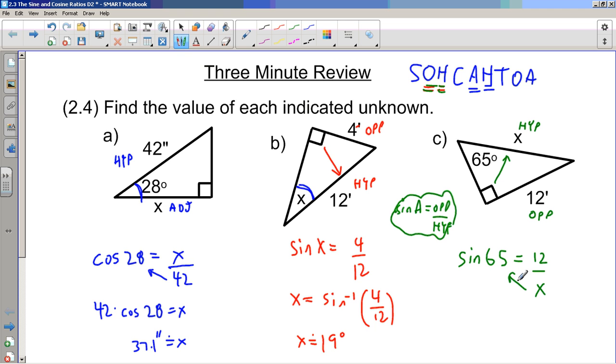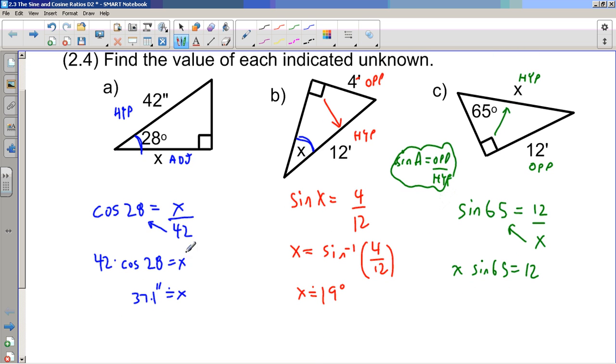Well, when I multiply, I got one step in between, and I know some of you have done enough of these that you know that these two will just switch places. Now I have to divide by the sine of 65 to get x alone, right? Divide by sine of 65. And some of you are sharp enough that you can skip that step and get straight to there.